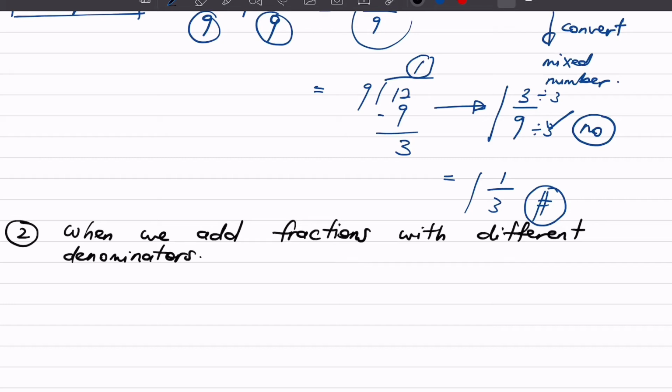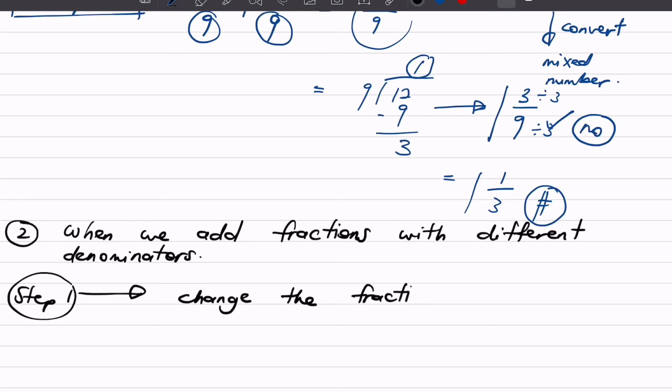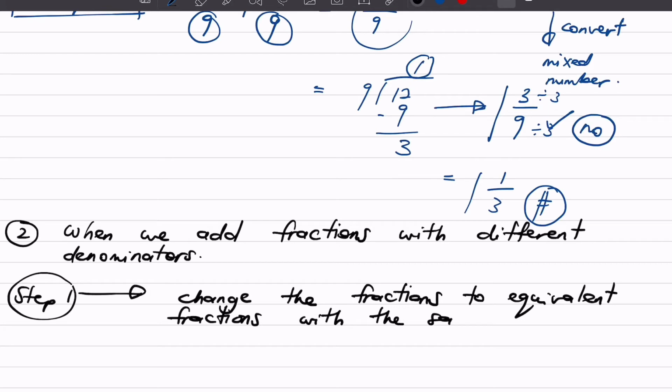Your first step, you have to change the fractions to equivalent fractions with the same denominators.